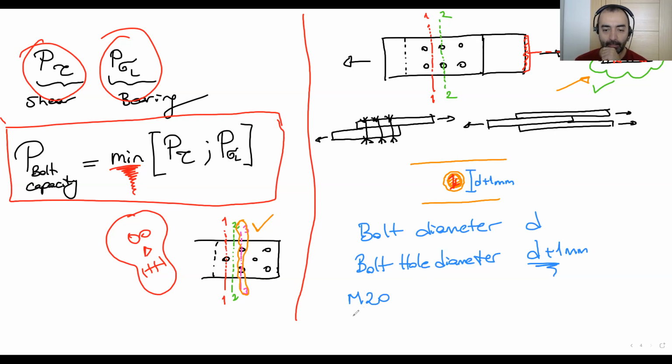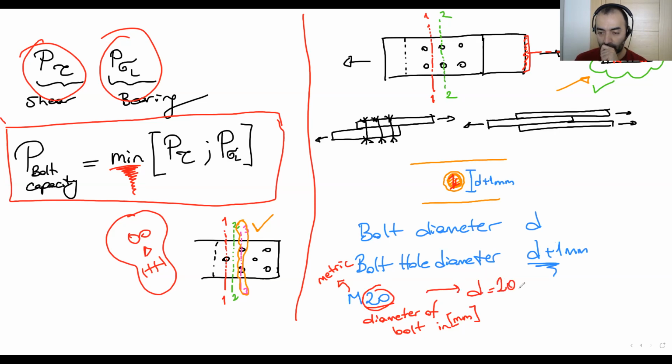M means metric here. M20 is the diameter of the bolt, but in millimeter. Okay, the diameter of the bolt D is 20 millimeter. The hole is 21 millimeter.